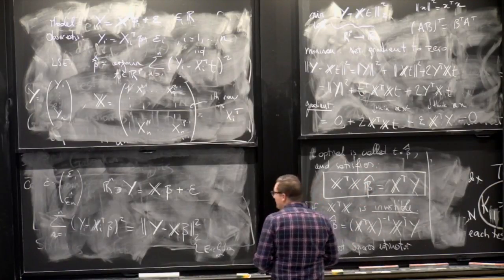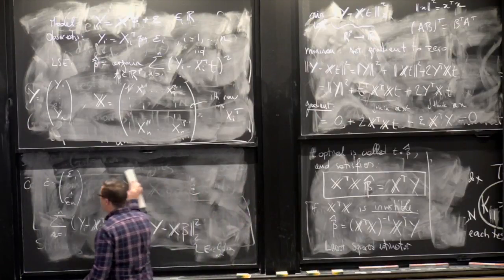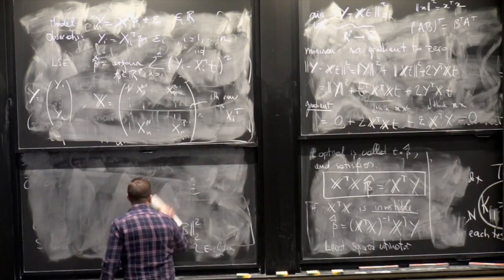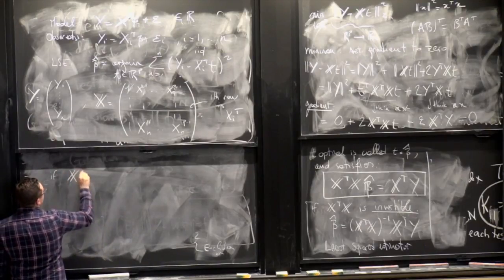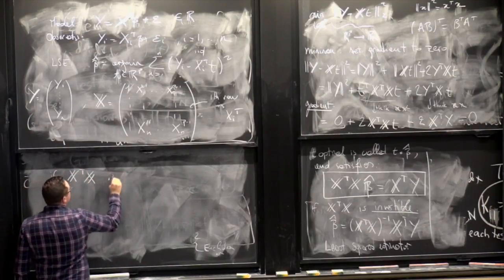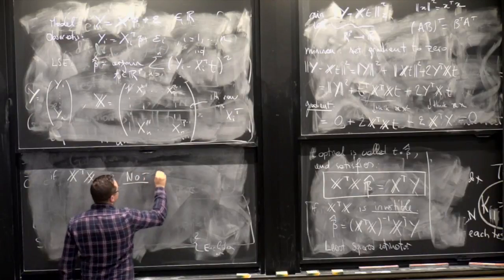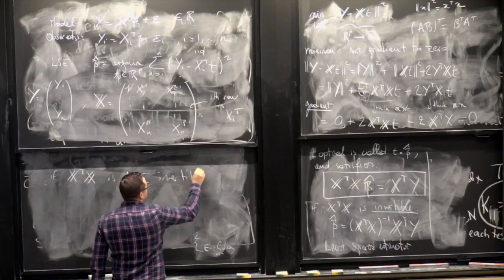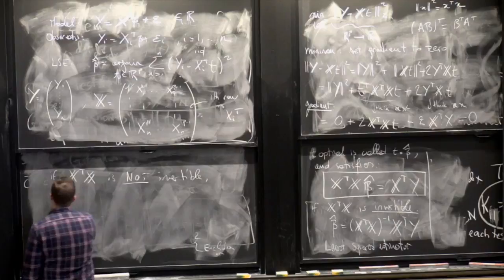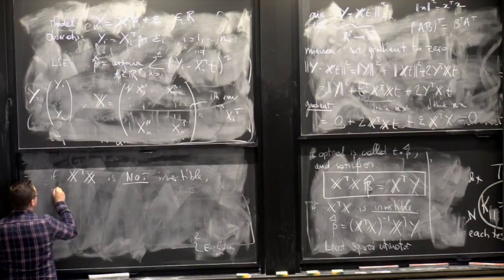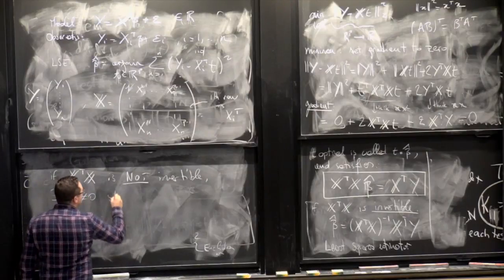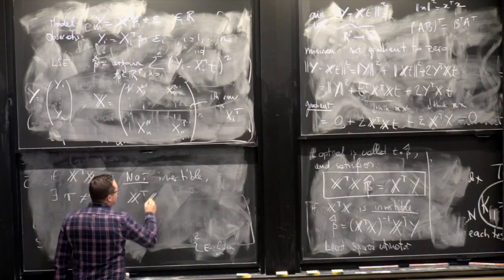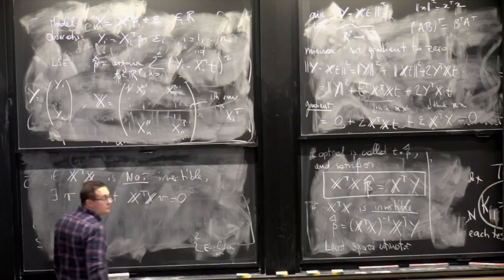In particular, for a matrix to not be invertible, it means that there's some vector V. So if X transpose X is not invertible, then this is equivalent to there exists a vector V which is not 0 and such that X transpose X V is equal to 0, right?